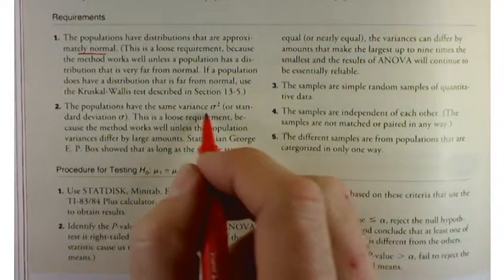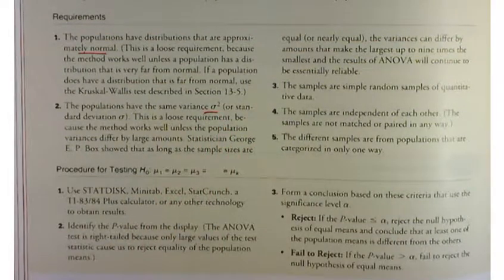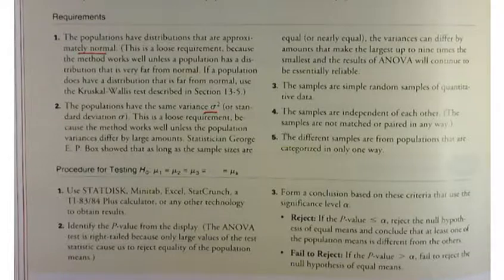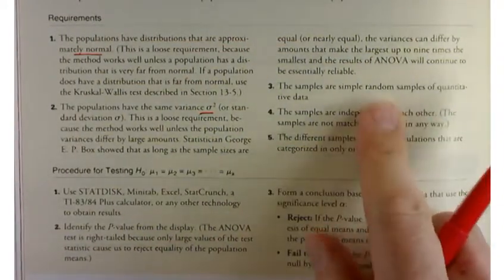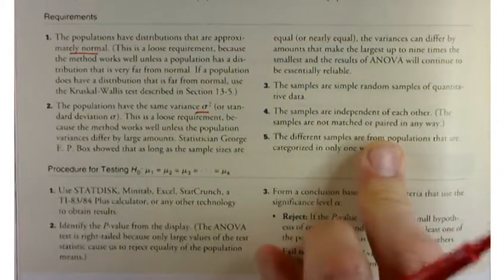Another one is that you have equal variances between the populations. Again, this is not too bad as long as your samples don't vary by too wide of an amount. Then a couple more sample requirements: simple random sample, independent samples.